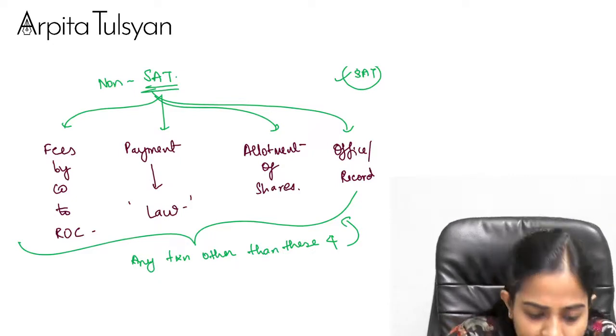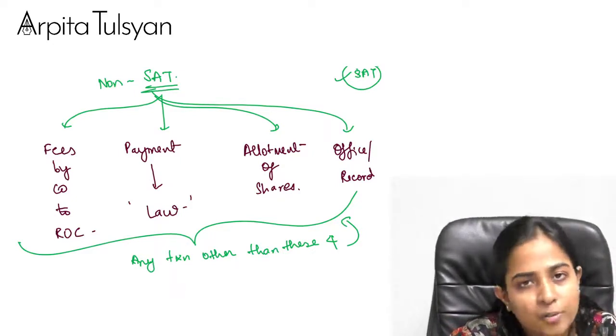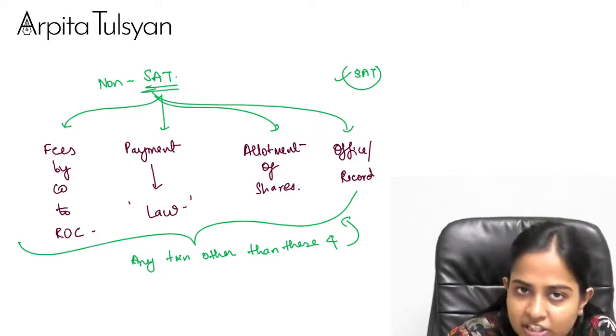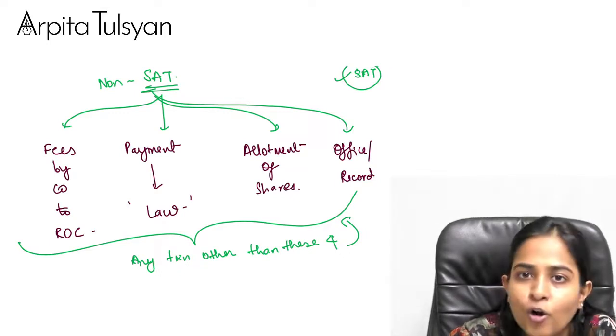Say for example, you know that you are a dormant company, meaning there are no transactions at all, or you are an inactive company and you yourself have come to know that you are a dormant company.